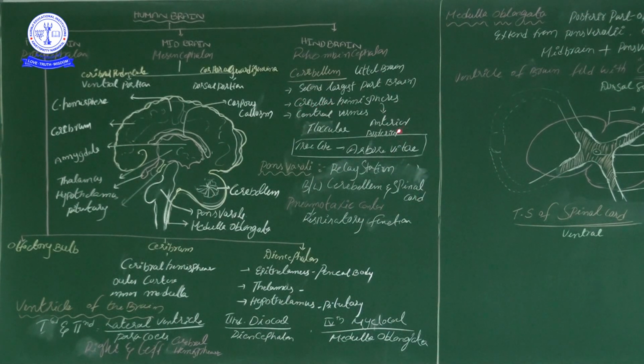The cerebellar hemisphere is divided into three regions: anterior part, posterior part, and flocculonodular part. Totally it is covered with white matter and grey matter. That white matter we call the arbor vitae. Here, see in this place, this is the cerebellum.